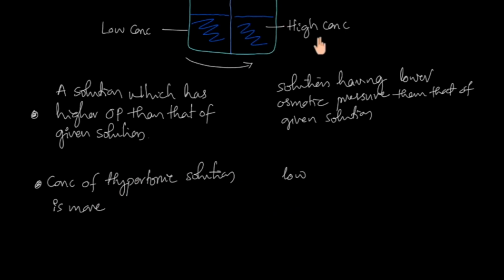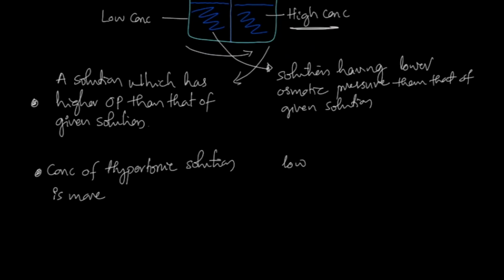So the hypertonic solution has high concentration, and the hypotonic solution has very low concentration. Let's understand with an example. A 0.91 percent solution of sodium chloride is generally called a brine solution.